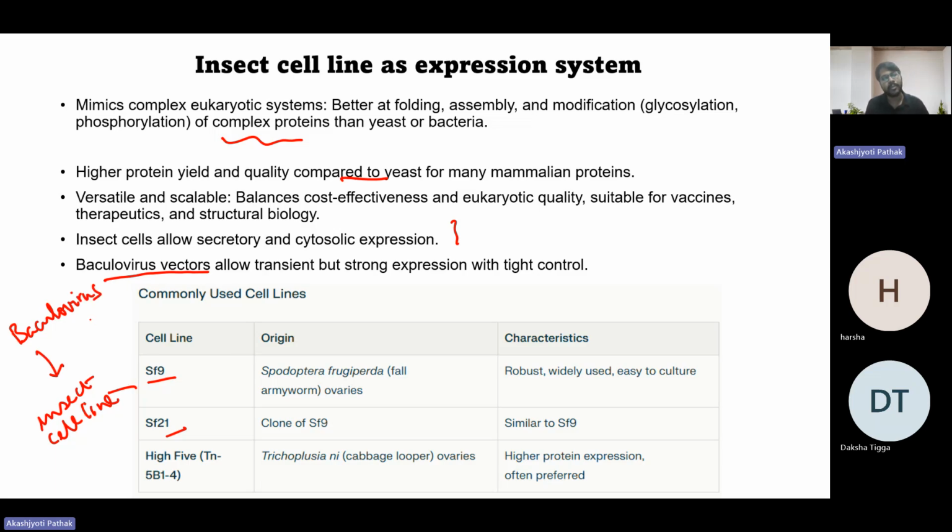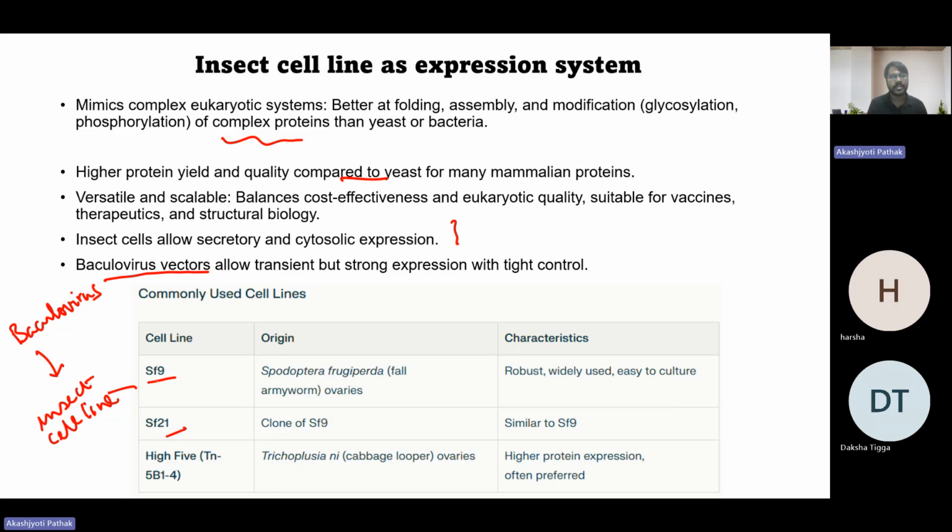Inside this baculovirus you have added your gene of interest, and when this baculovirus infects this insect cell line, by the process of homologous recombination your gene of interest will recombine with the genome of the insect cell line, and then the protein will get expressed, and you can do the further purification and obtain a high yield of the protein.